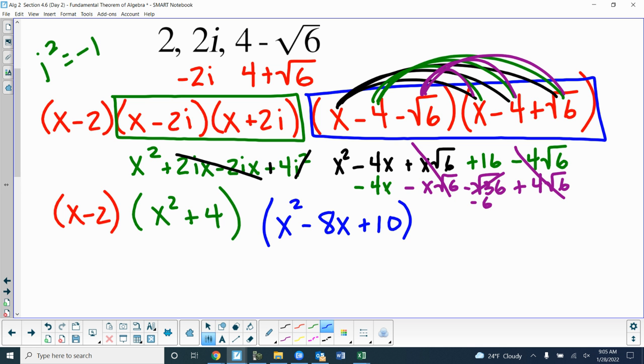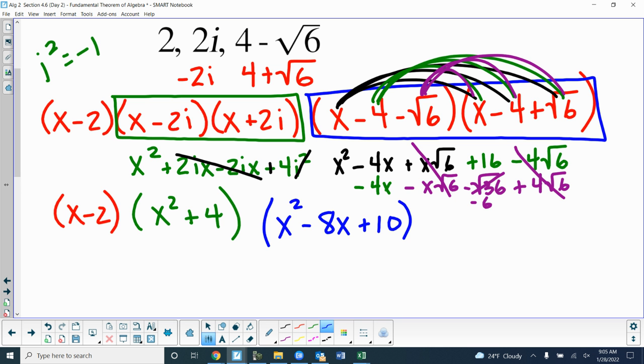Can I multiply all 3 of them together at once? No. So it doesn't matter now what order, though. It makes a difference up here. You've got to do the i's together, do the radicals together so they go away. But from here you can do the x minus 2 times the x squared plus 4 first, or you could do the x squared plus 4 times this trinomial, the blue one, first. It doesn't matter. That's up to you.